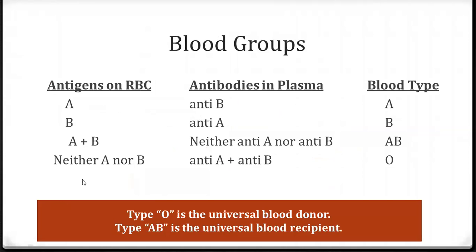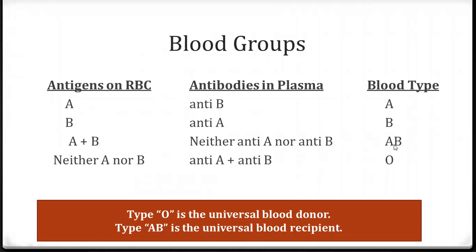Okay, so if you have these antigens on your red blood cells, you will have these antibodies in your plasma. So if you have an A antigen, you have anti-B. So you have an antibody that would recognize the protein B, and you would be blood type A. So the blood type comes from the antigens. If you have antigen B, you have antibodies A, blood type B. If you have A and B antigens, you have neither A nor B antibodies because you don't want them to attack the antigens on your blood.